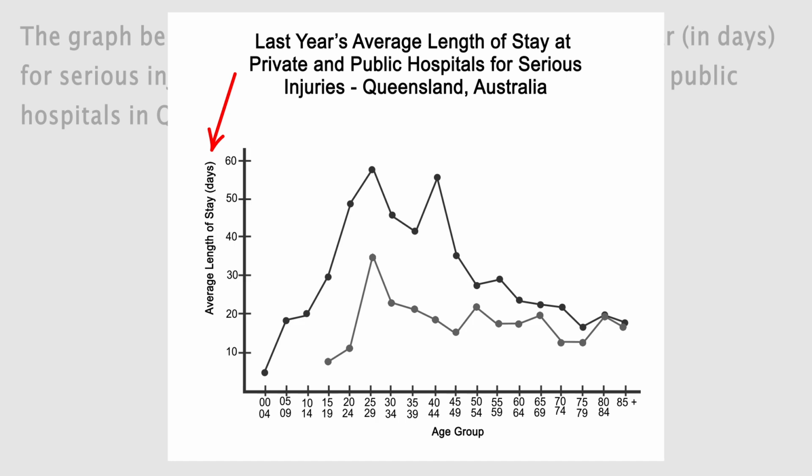And the lines are divided into two categories, public hospitals and private hospitals, right? And the horizontal line is age group. As you can see, the age groups are for every 4 years of age. So starting from 0 up to 4 years, 5 to 9, 10 to 14, and up to 85 years, all right?